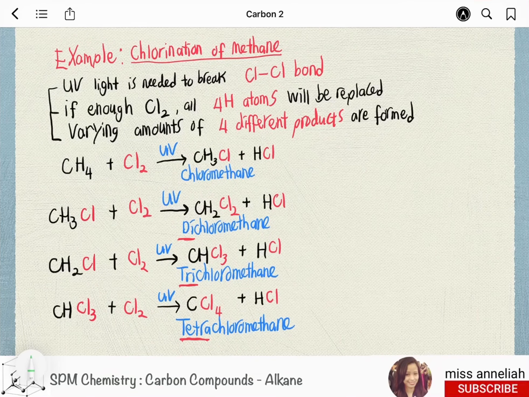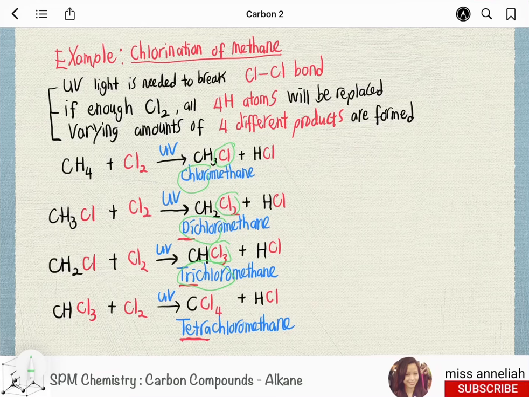And varying amount of 4 different products are formed, whereby if 1 hydrogen is replaced by chlorine, it will form chloromethane. If 2 hydrogen are replaced by 2 chlorine, it will form dichloromethane. And if 3 hydrogen are replaced by chlorine, it will form trichloromethane.